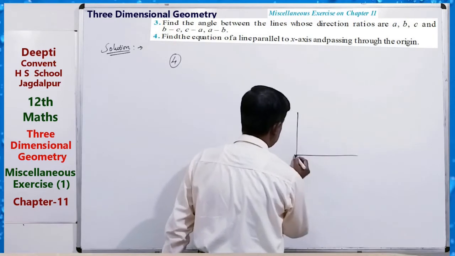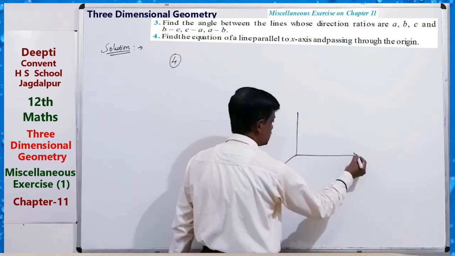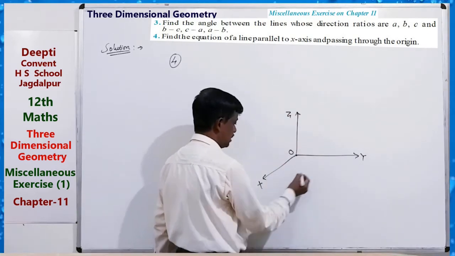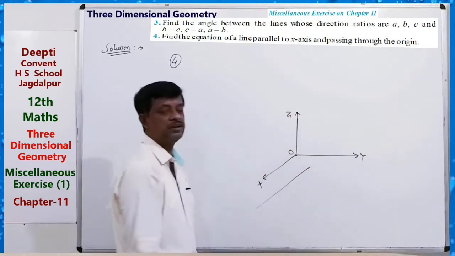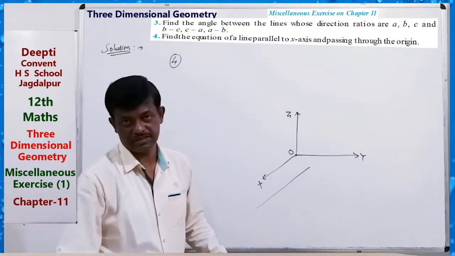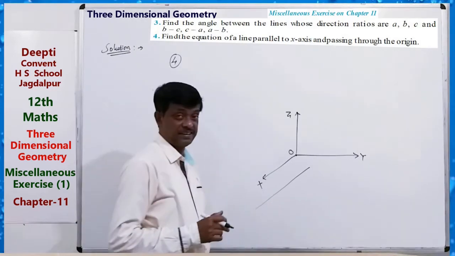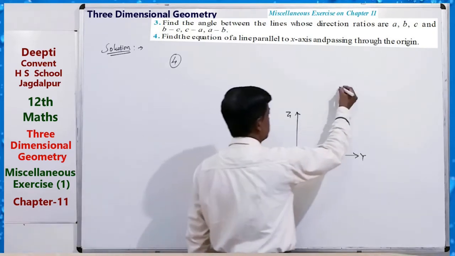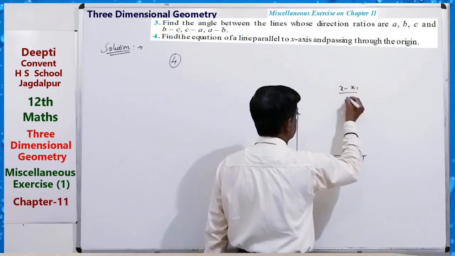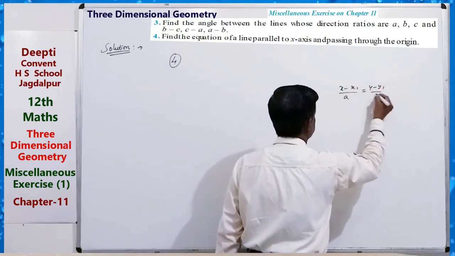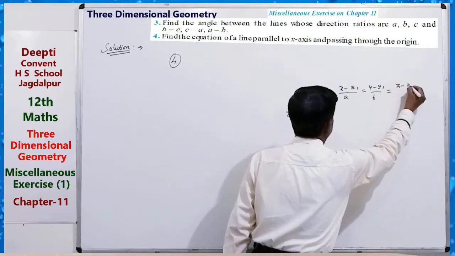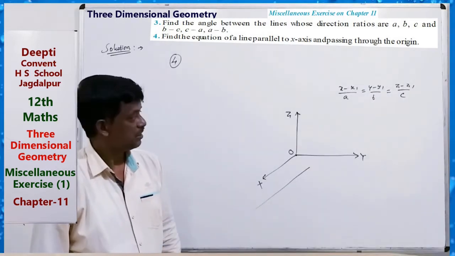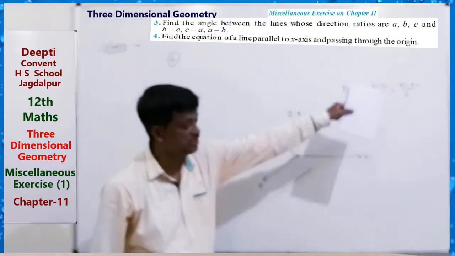Suppose this is the x-axis, this is the y-axis, and this is the z-axis. This is the origin. We need a line parallel to the x-axis in 3D, and passing through the origin. Knowing a passing point, the equation of a straight line in 3D is x minus x1 upon a, equals y minus y1 upon b, equals z minus z1 upon c, where the line passes through x1, y1, z1.